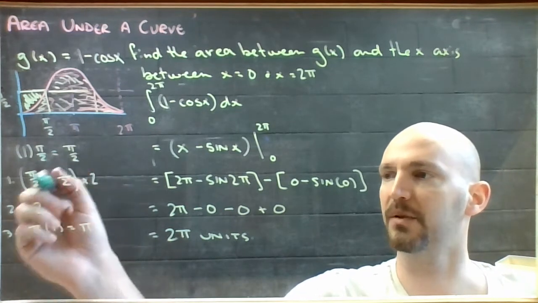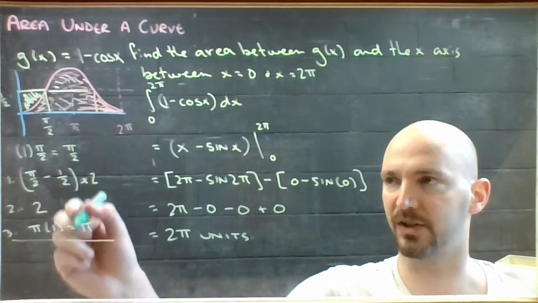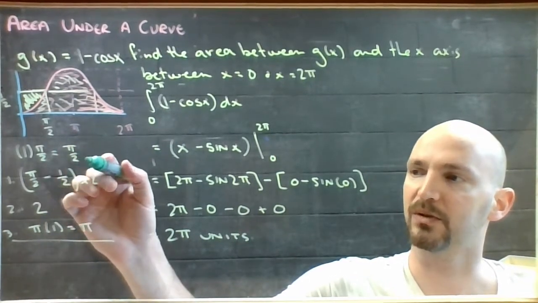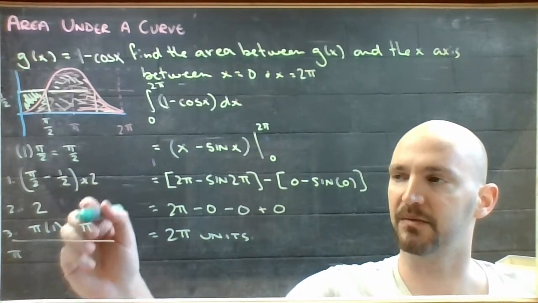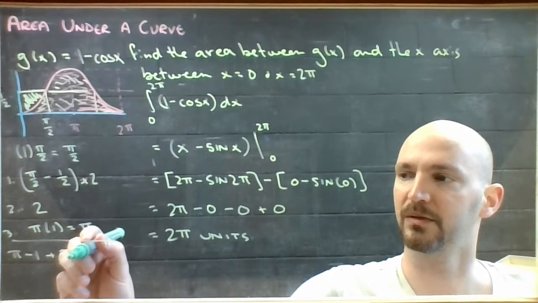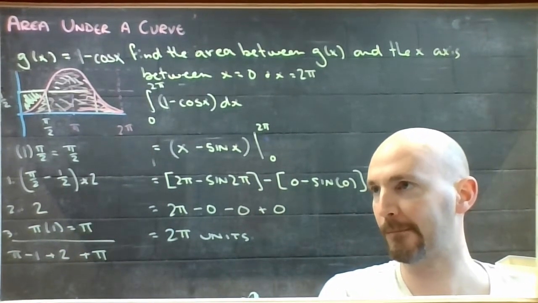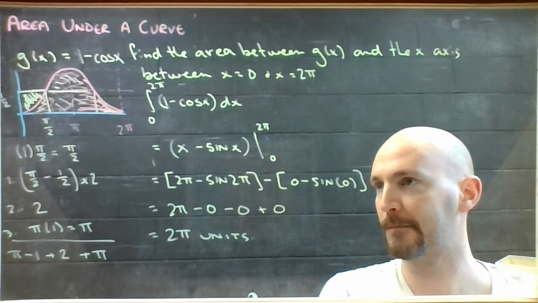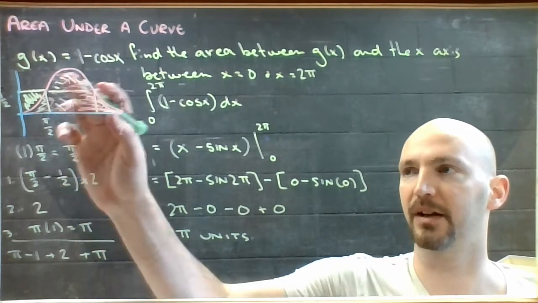So double this. I just have to add all these chunks together. So 2 times pi over 2 would be pi. 2 times negative half would be negative 1. Plus 2 plus pi. Oh goodness, I think the area under this was 2, right?